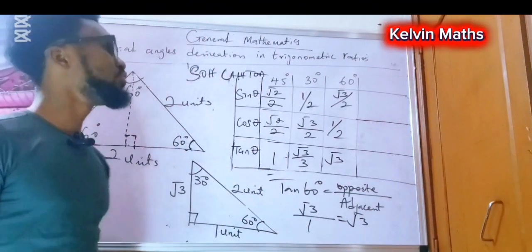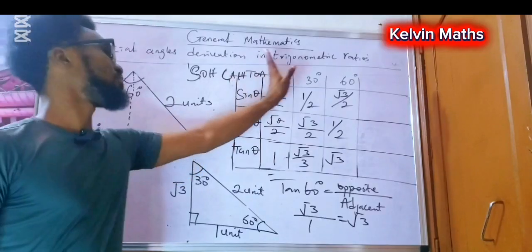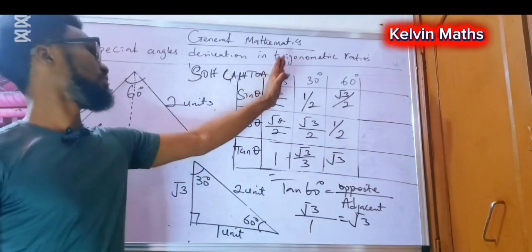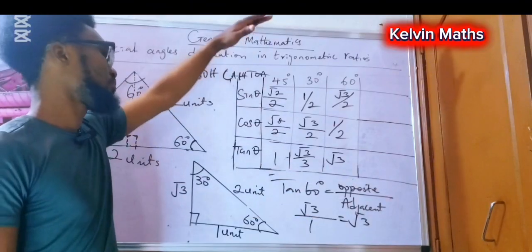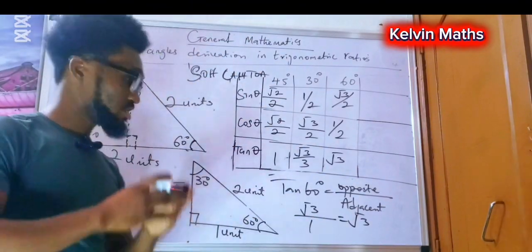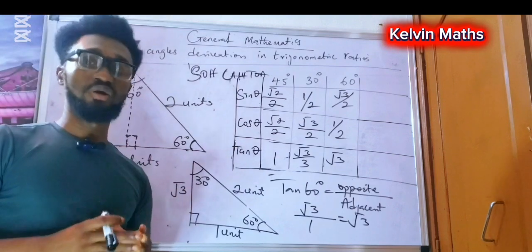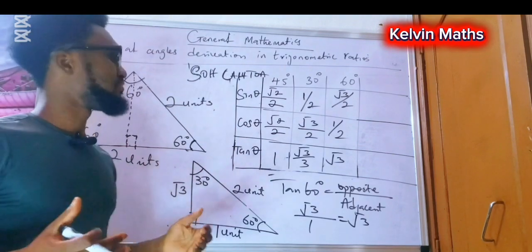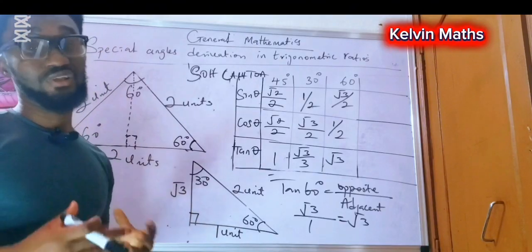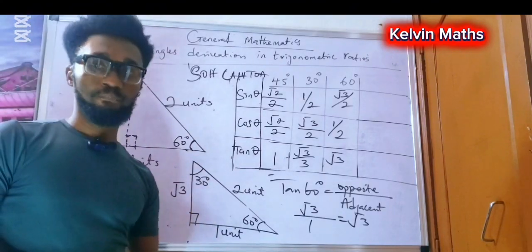This is just the simple way of deriving the functions of all of these special angles. The values of all of these special angles have all been derived. So with this method, if you can calm down and study it very well, you will not have difficulty even if you are asked to write an exam without a calculator.